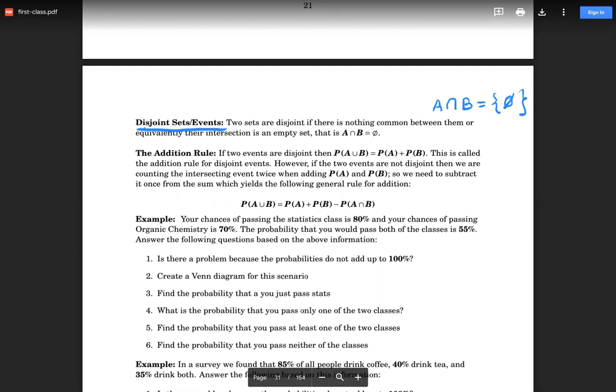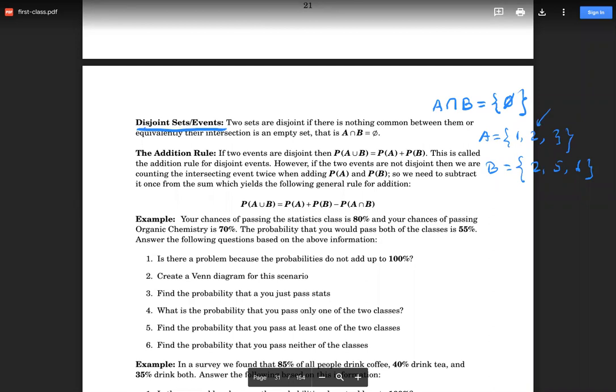Like if A is 1, 2, 3, if you're rolling a die, and B is 2, 5, and 6, these two events are not disjoint. Why not disjoint? Because they can happen at the same time. Why?